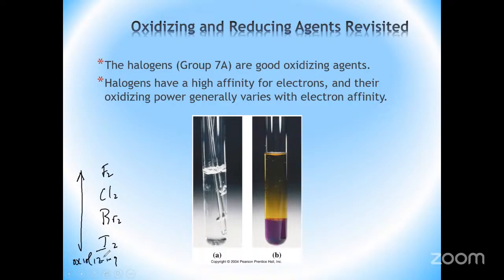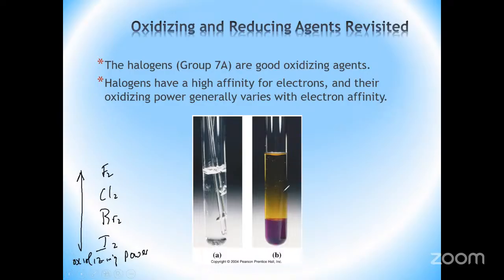What that means is that fluorine is a stronger oxidizing agent compared to all the others, and so on and so forth. Because fluorine is a stronger oxidizing agent, it will basically remove electrons from the other elements that may be present in a particular compound, and by so doing, displace those elements below it from their compound.